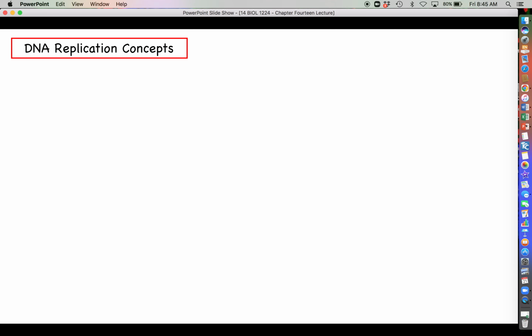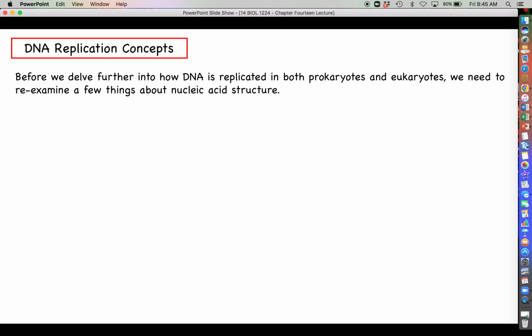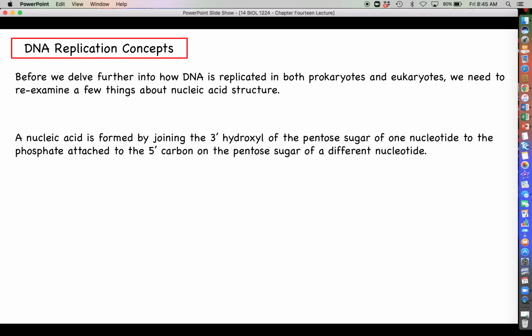Okay, so now that we have that bit of historical context out of the way, let's talk about a couple of concepts associated with DNA replication. First, we need to re-examine a couple of things pertaining to nucleic acid structure. You'll recall from chapter 3 that a nucleic acid is formed by joining the 3' hydroxyl of the pentose sugar of one nucleotide to the phosphate attached to the 5' carbon of the pentose sugar of a different nucleotide.